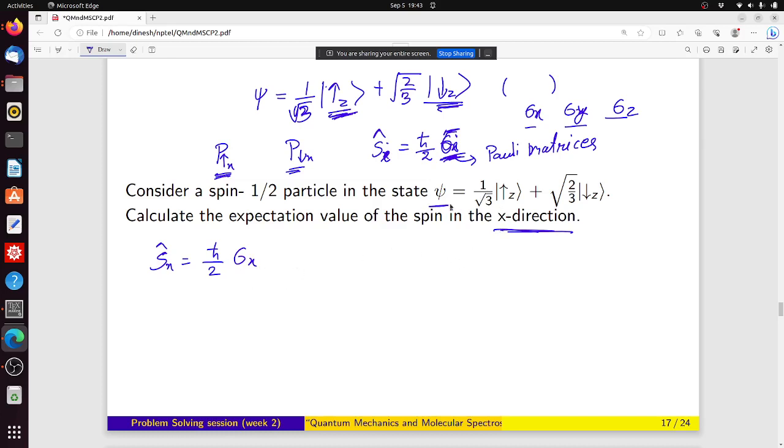We are given the particles in z direction, so the spins are in z direction, spin up and spin down. It will be described by the operator Sz, which will be h cross over 2 sigma z. So do you know the form of these Pauli matrices? These are 2 cross 2 matrices. Does anyone remember?